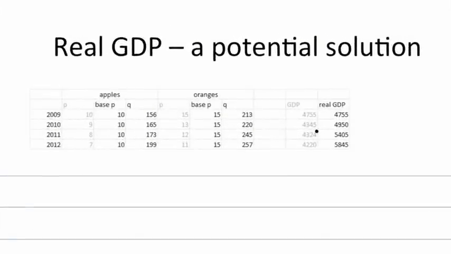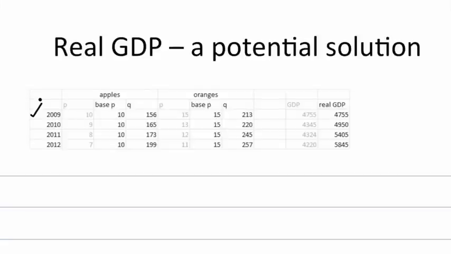There is a solution, however, to this. The solution is to not use nominal GDP, but to use another concept, a concept known as real GDP. The way real GDP works is as follows. We'll take the same apples and oranges example, but I'm going to choose one particular year. It doesn't actually matter which year you choose. I'm just going to choose 2009, and I'm going to declare that to be the base period.